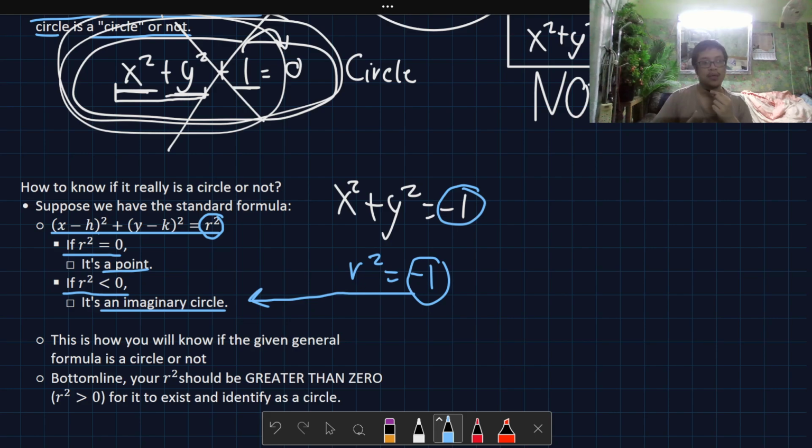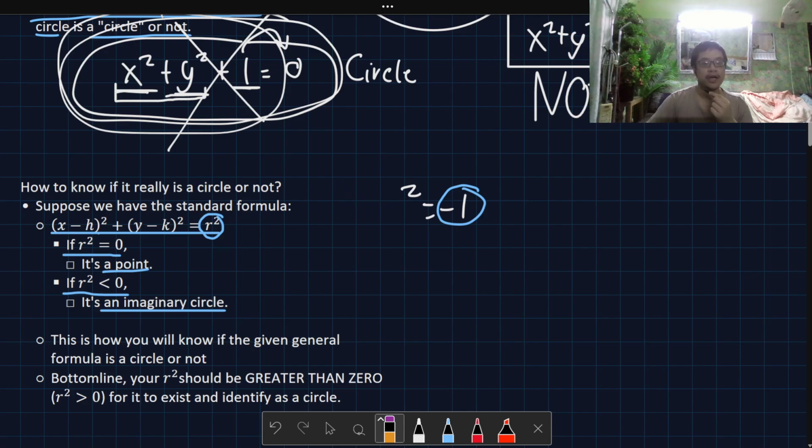And likewise, why is it an imaginary circle if your r squared is less than zero? Let me give you a spoiler. When it comes to graphing, you need to know the length of your radius, because the length of your radius will tell you how big or small your circle is. So you need your r squared.